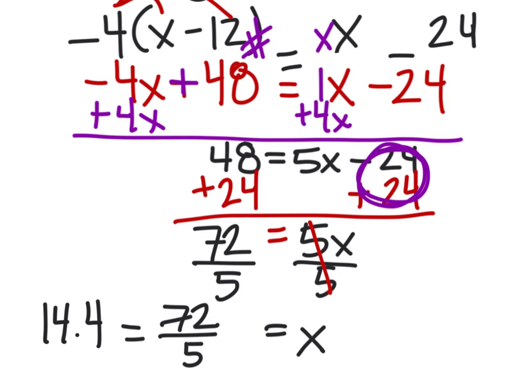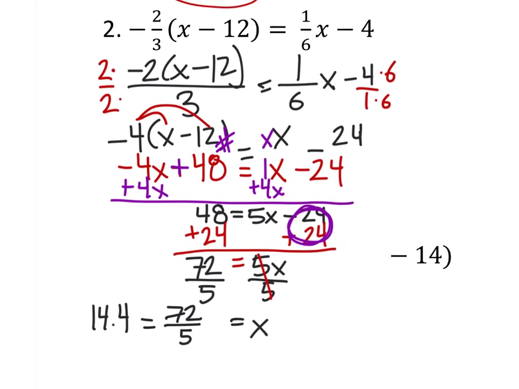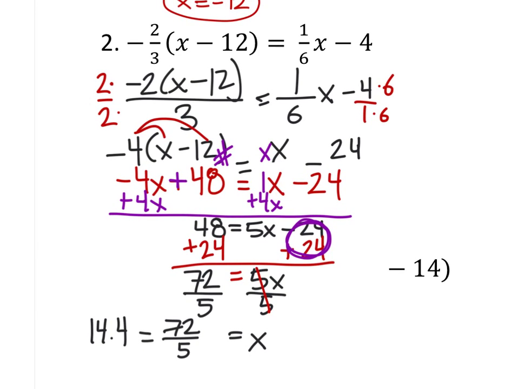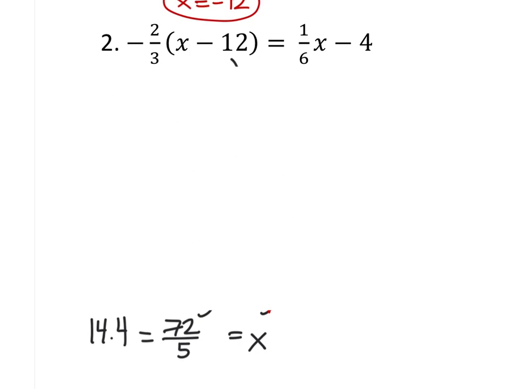Now that we've solved for it though, again you can use a calculator for this, but I can replace the values of x with the value that we found, and we can see that x here is 72 fifths. I'm going to keep that as a fraction actually, and let me rewrite this equation, alright?